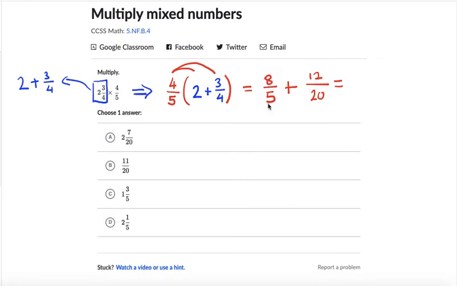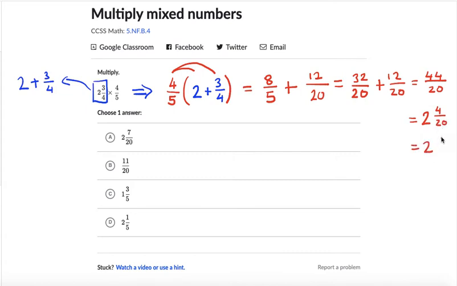For 8/5, multiplying 5 times 4 gives us 20, so 8 times 4 is 32. So that's 32/20 plus 12/20, which is 44/20, and that's equal to 2 and 4/20.